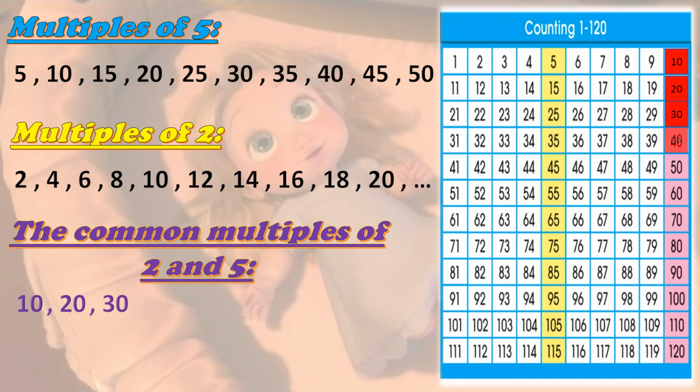So all even numbers in multiples of 5 can be common multiples with 2. So I have here 10, 20, 30, 40, 50, and so on. All of these numbers are common multiples of 2 and 5.